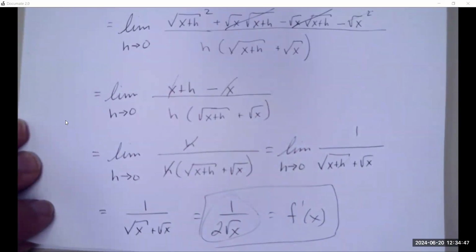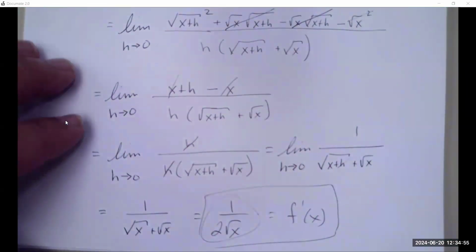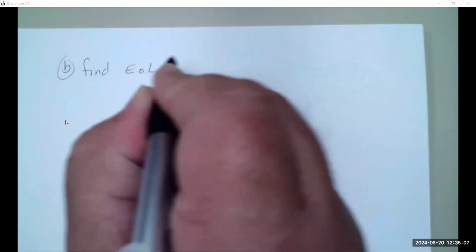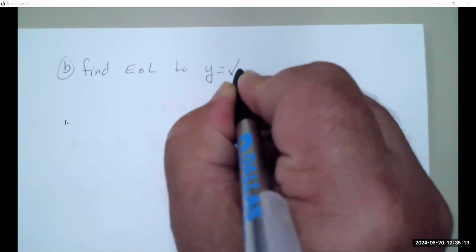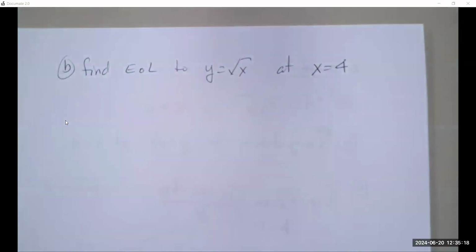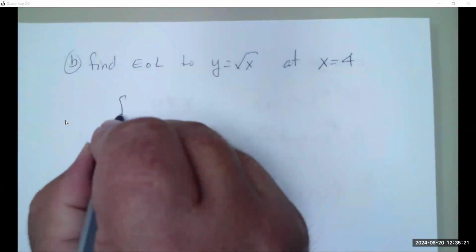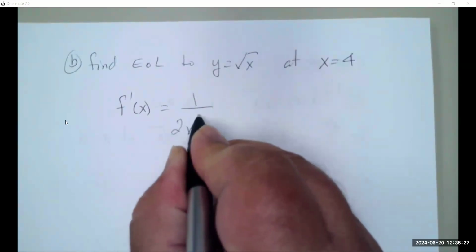Now, question B is asking us, find the equation of the line tangent to the curve at x equals 4. And we just found the first derivative was 1 over 2 radical x.